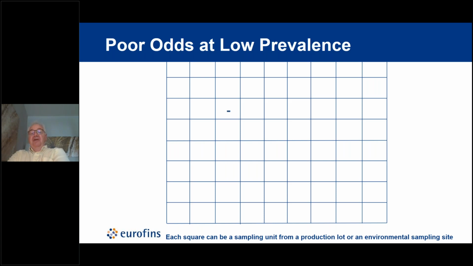That means the majority of time, your specimen is going to come back in spec, and you would be shipping a contaminated lot and not have a clue that that was the case. So here again, when you have low prevalence, you could just close your eyes and point at your computer screen and see whether or not you could pick up this one analytical unit that actually has the pathogen in it.